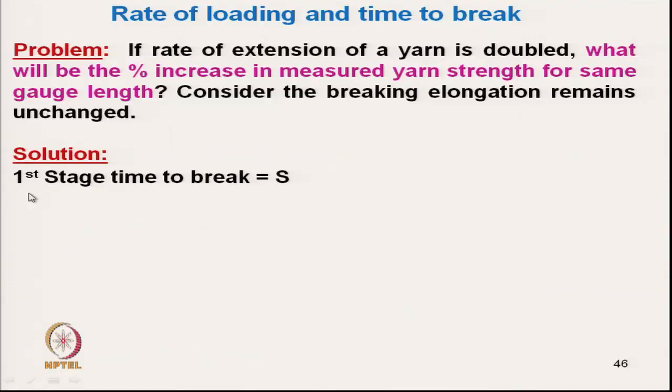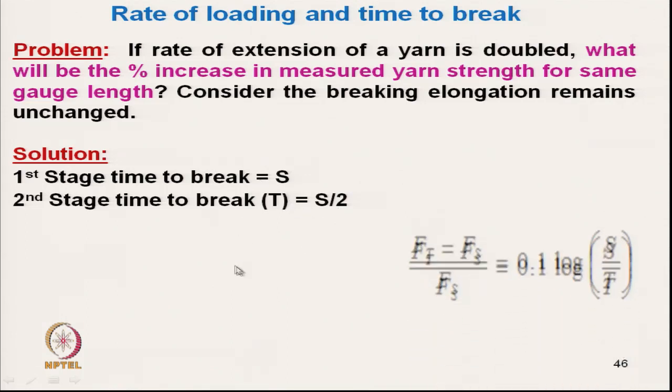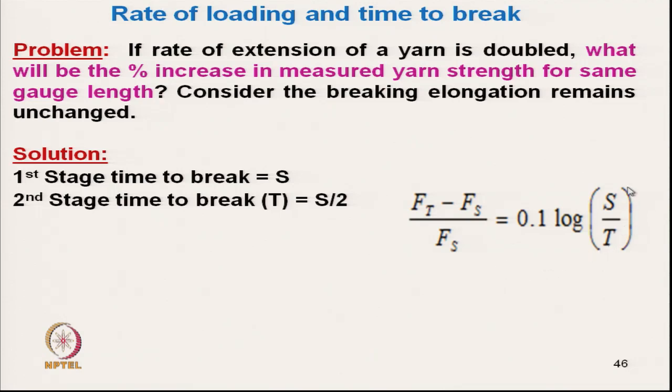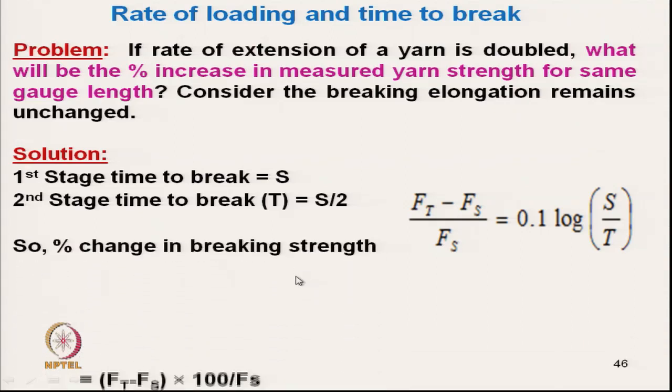In the first stage the time to break is S, and in the second stage the time to break is T. As we have doubled the speed, and your breaking extension remains the same, the time to break will be halved. So T equals S by 2. Using the earlier formula, S by T becomes 2.